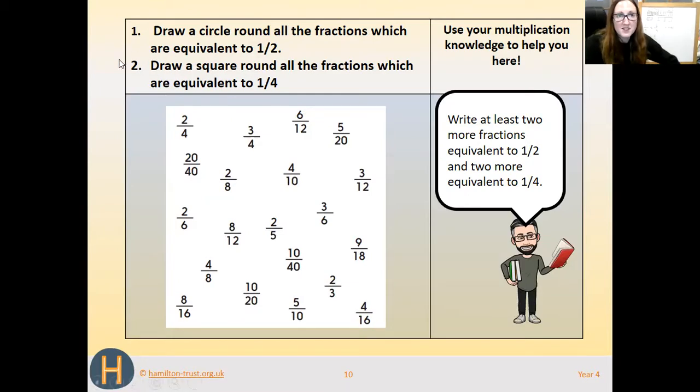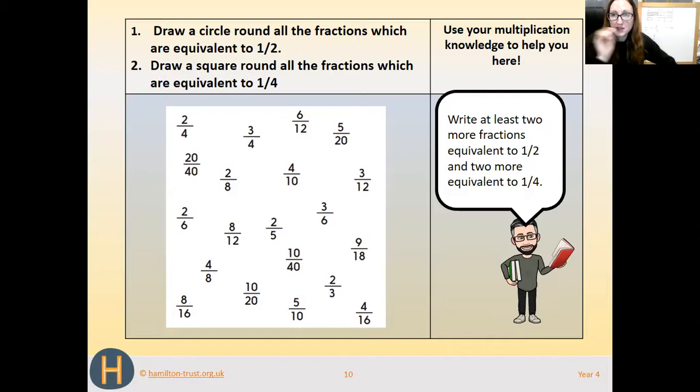Number 1 says, draw a circle round all the fractions which are equivalent to a half. So have a look and think about what we talked about in terms of our numerator and our denominator, and circle all the ones that are equivalent to a half. Then for question 2, it says draw a square round all the fractions which are equivalent to 1/4.